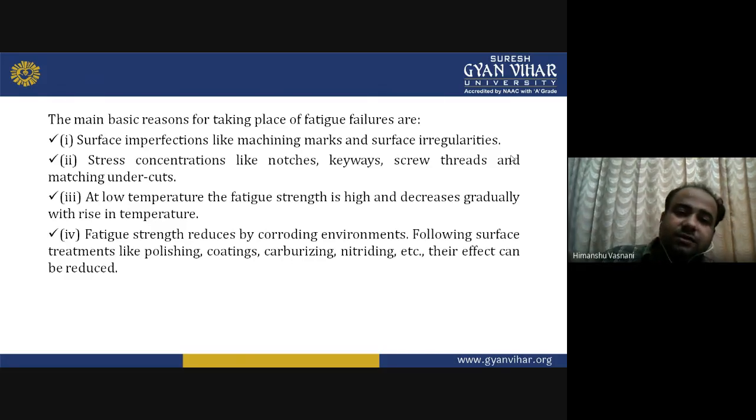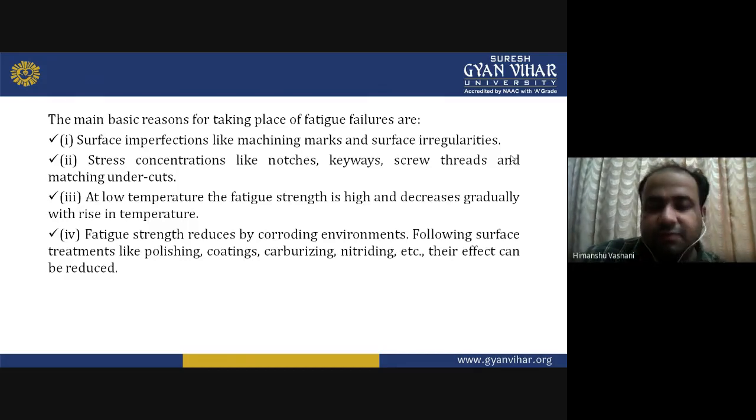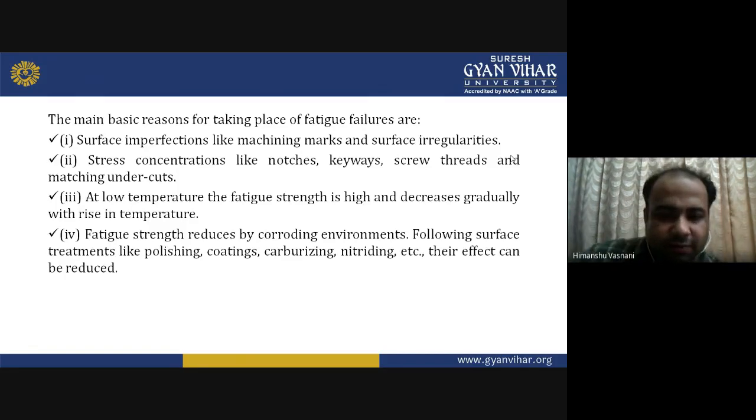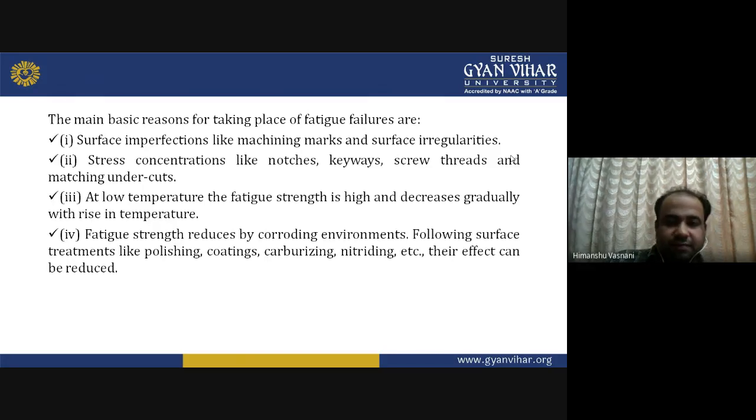The third is that at low temperature the fatigue strength is high and decreases gradually with rise in temperature. Then the fourth is that fatigue strength is reduced by corroding environments. Following surface treatments like polishing, coating, and similar methods, their effect can be reduced.